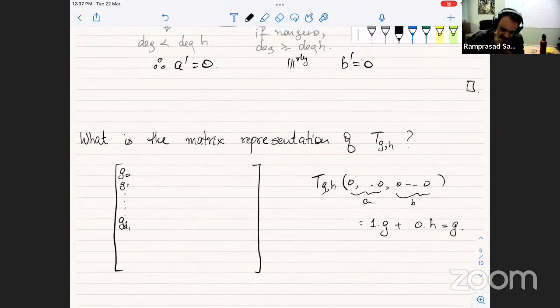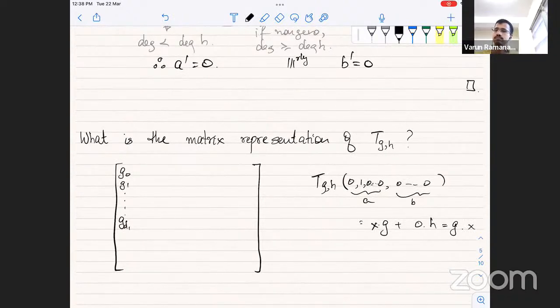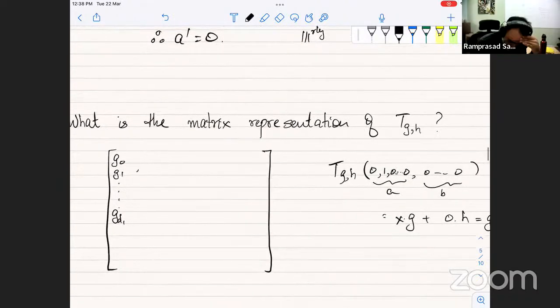This is the vector which is (0, 1, 0, 0, 0). What is the polynomial that corresponds to this? It's just X, right? So this is going to be X times G plus 0 times H, which is X times G. So it's the same thing, except it's now shifted.